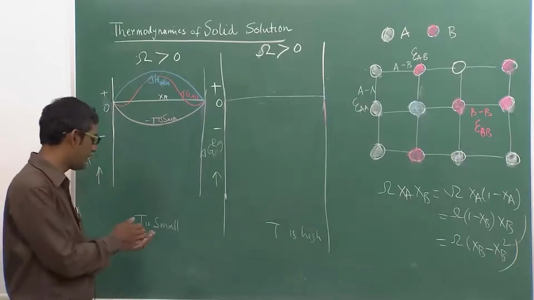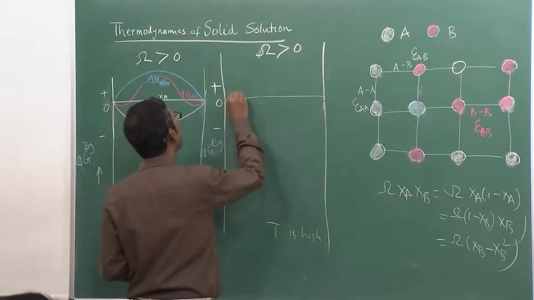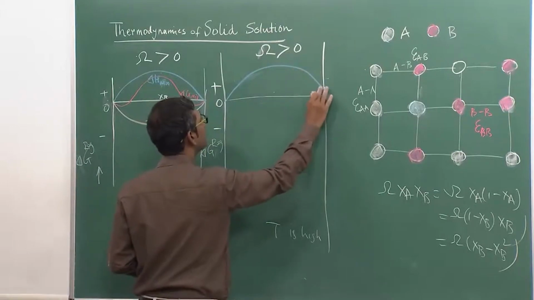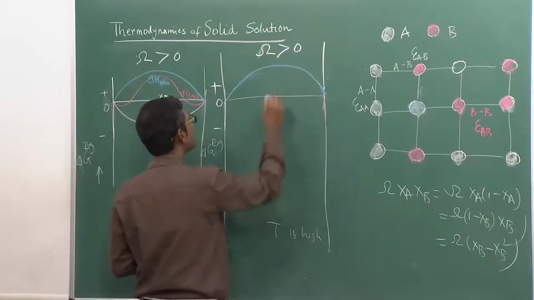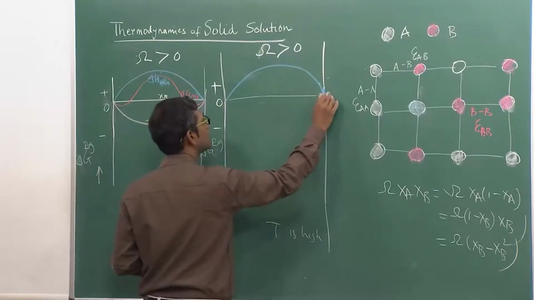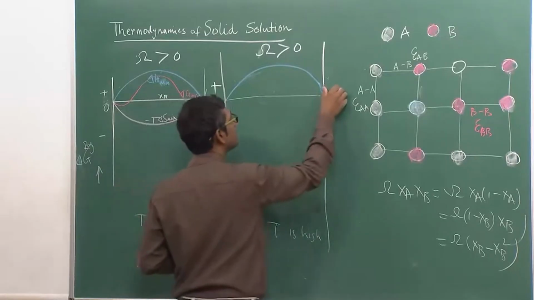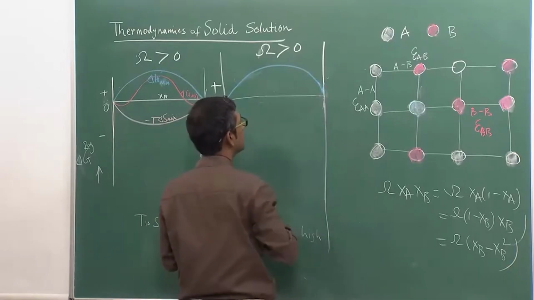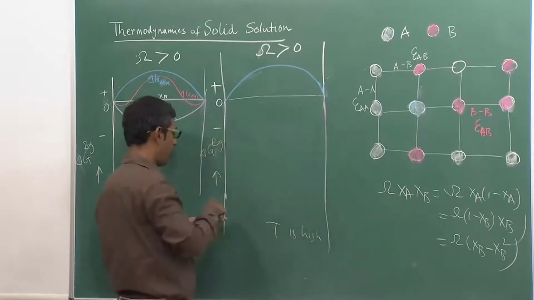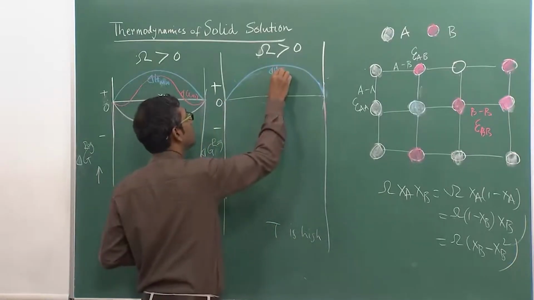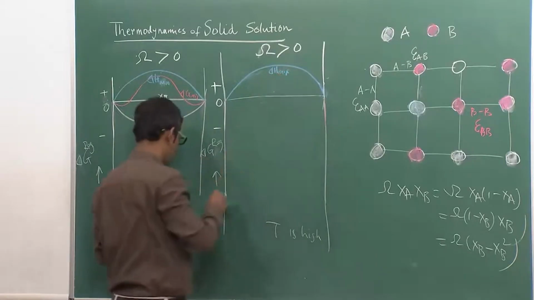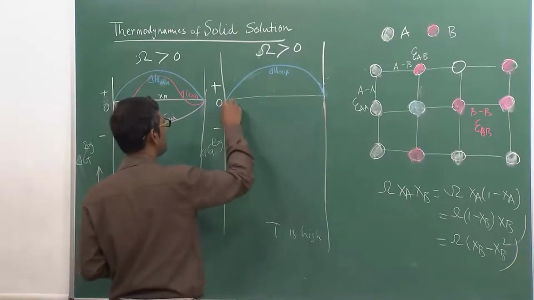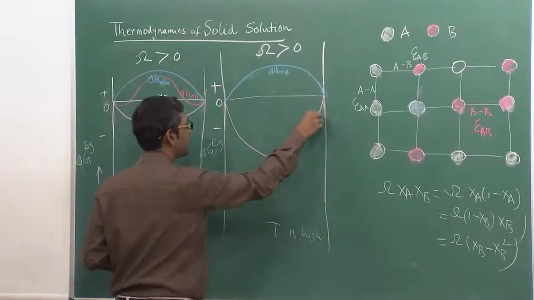So, delta H mix will remain almost similar, it may change a little bit. Okay, so that is my delta H mix, and the entropic term, as I said, will increase because of temperature, so this will go down much further.